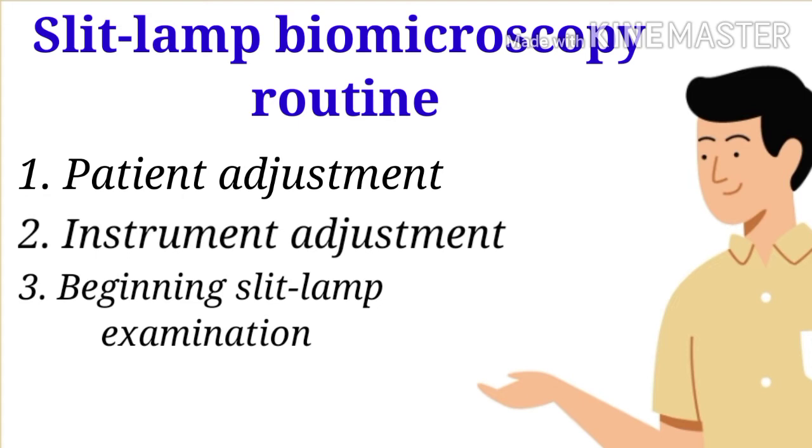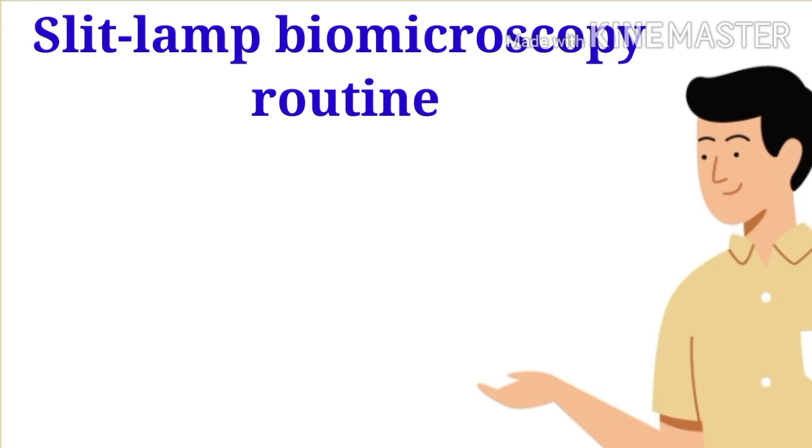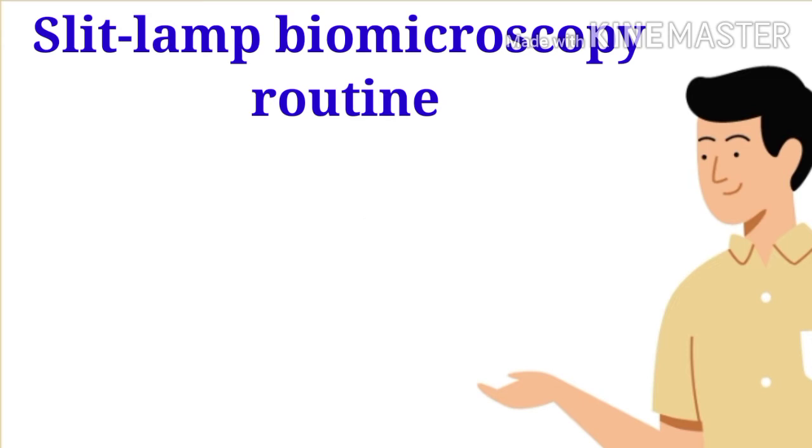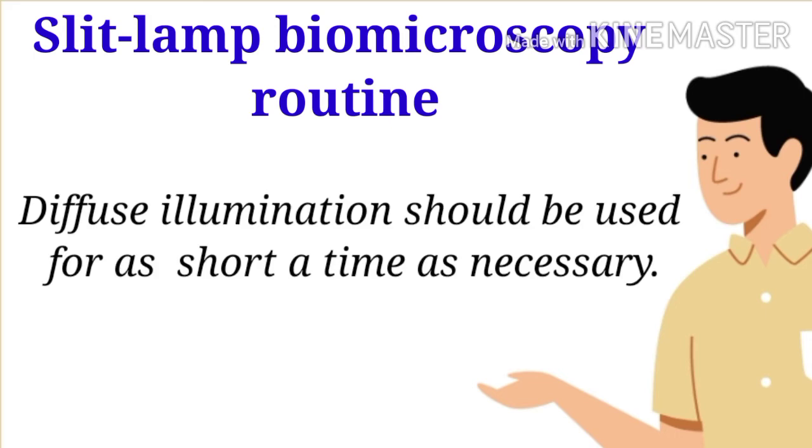Before beginning slit lamp examination, some points are to be kept in mind. First, the examination should be carried out in a semi-dark room so that the examiner's eyes are partially dark adapted to ensure sensitivity to low intensity of light. Second, diffuse illumination should be used for as short a time as necessary.